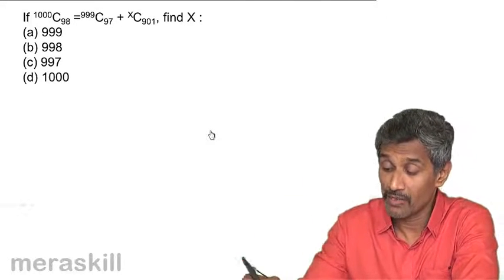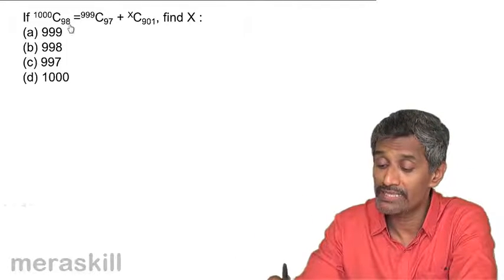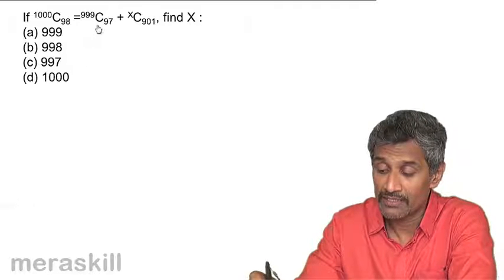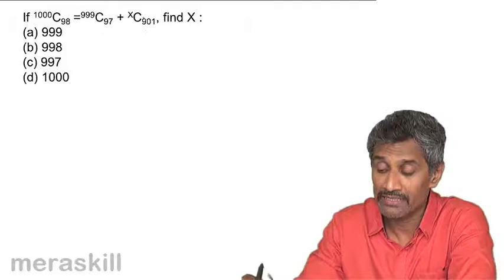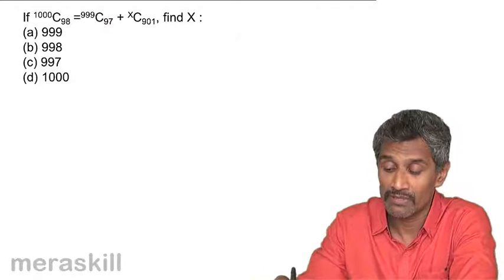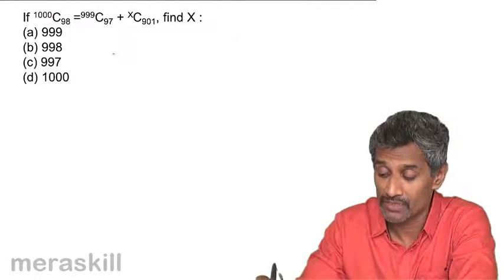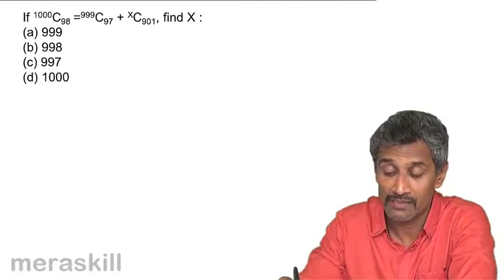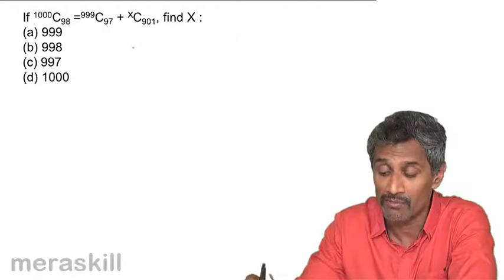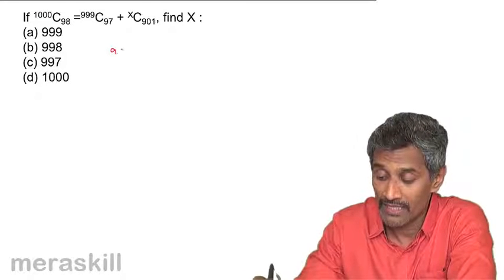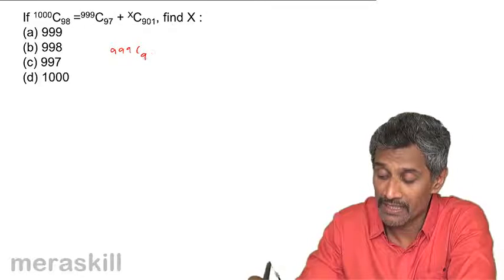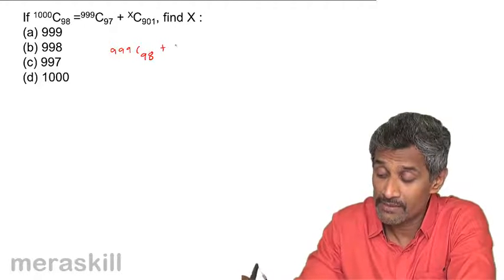Okay. Now again here we have 1000C98 is equal to 999C97 plus XC901. Much the same way, 1000C98 can be written as, this is R plus 1, so this has to become R. That is 999C98 plus 999C97.